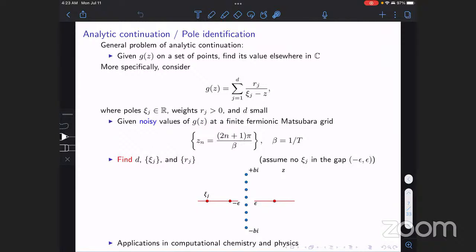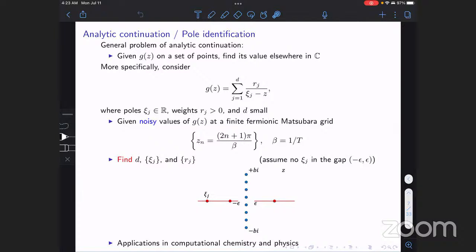The spacing between any two points is equal to 2 pi over beta, and we consider a finite number of them, ranging from minus iW to plus iW. Here beta is the inverse temperature, which is 1 over T, the temperature. Now the goal is to find d, which is the number of poles. Here in this figure there are 3 poles living on the real axis, and we want the location of the poles, which is the cj, and also the weights of the poles, which is Rj.